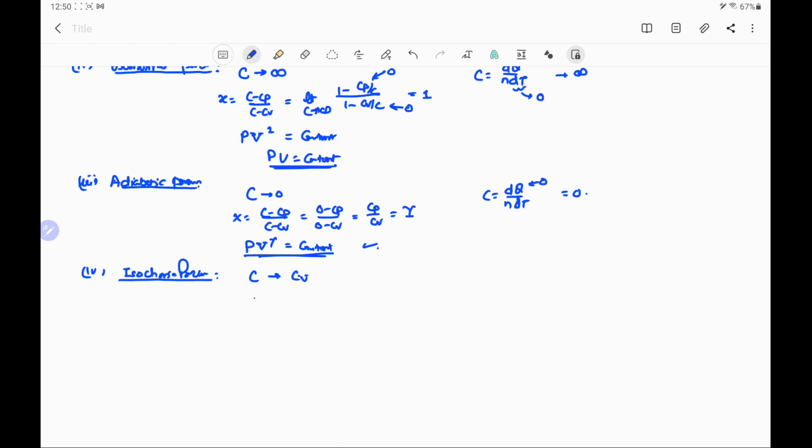For this case, the polytropic index will be (C minus Cp) by (C minus Cv), and C is Cv, so we will write (Cv minus Cp) by (Cv minus Cv), so it tends to infinite. Therefore, we can write the equation for isochoric process is PV raised to the power x, and x is infinite, that is equal to constant.